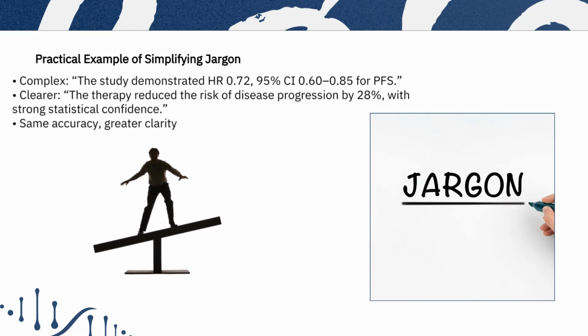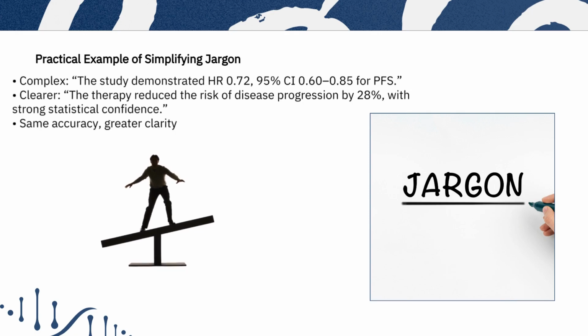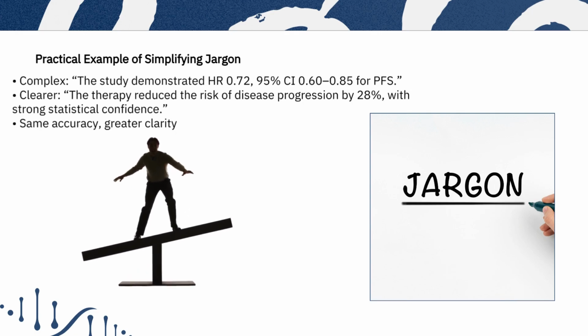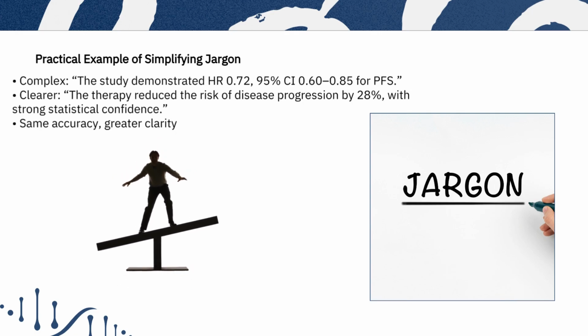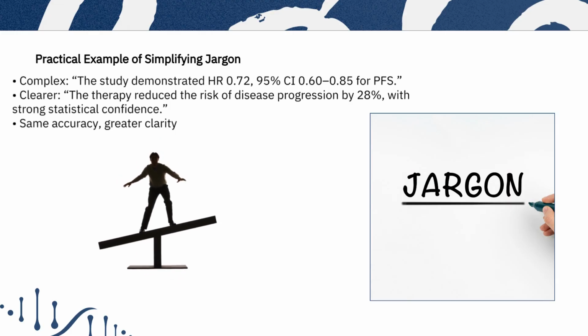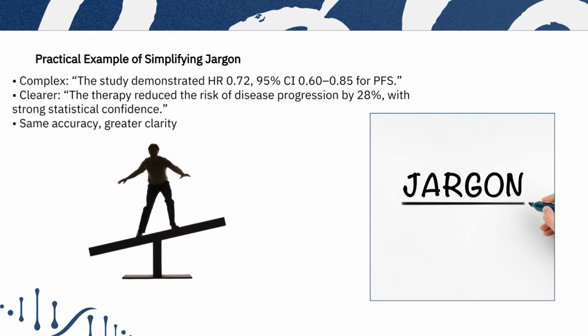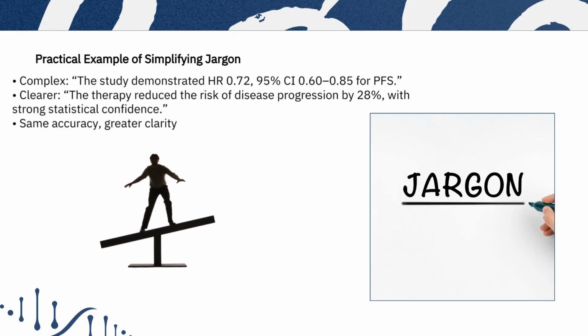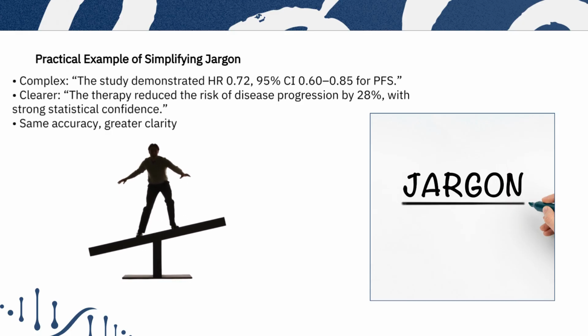Here's a quick example. Imagine your study results section says, "The study demonstrated HR 0.72, 95% confidence interval 0.60 to 0.85 for PFS." Now, that's technically correct. But outside of oncology statisticians, how many readers will immediately grasp what that means?